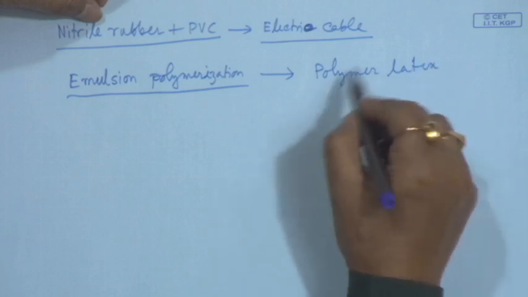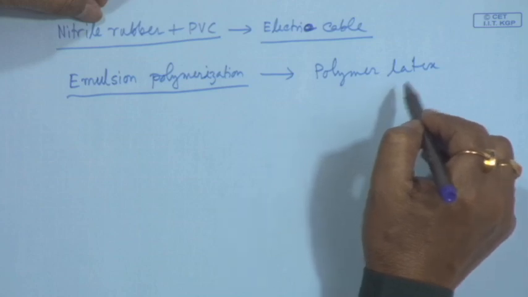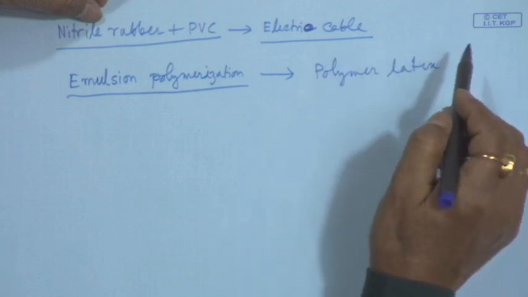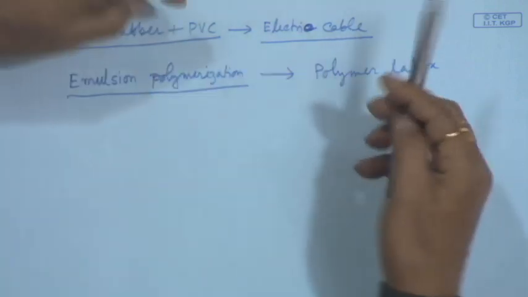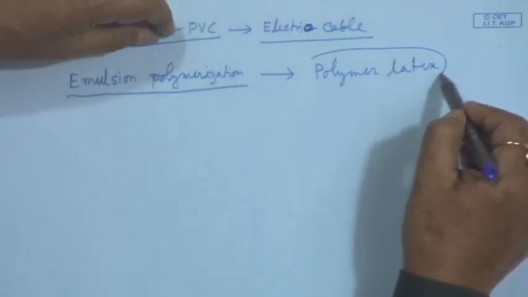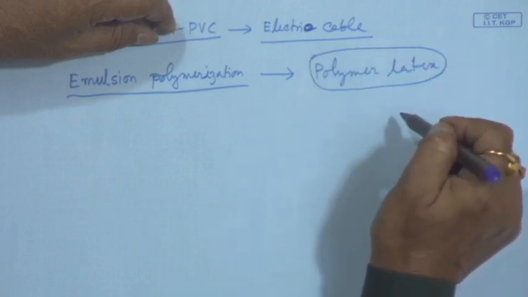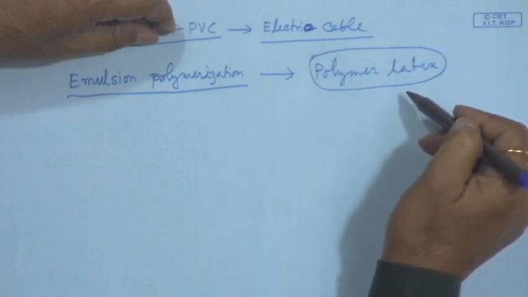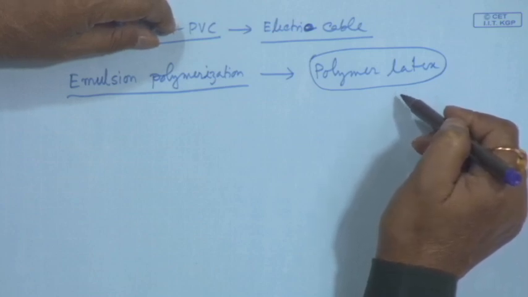That means polymer molecules are dispersed in a dispersion medium, stabilized by emulsifier molecules. So, that is known as polymer latex. Now, this polymer latex can be used directly to make some product, or the polymer is coagulated for isolation from the latex to obtain a dry polymer.